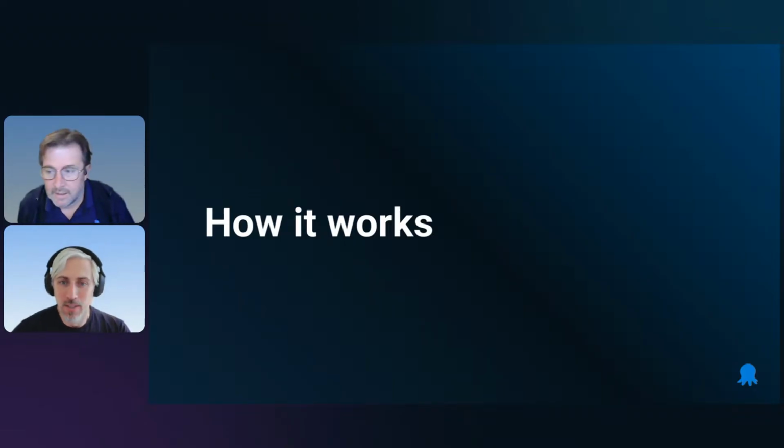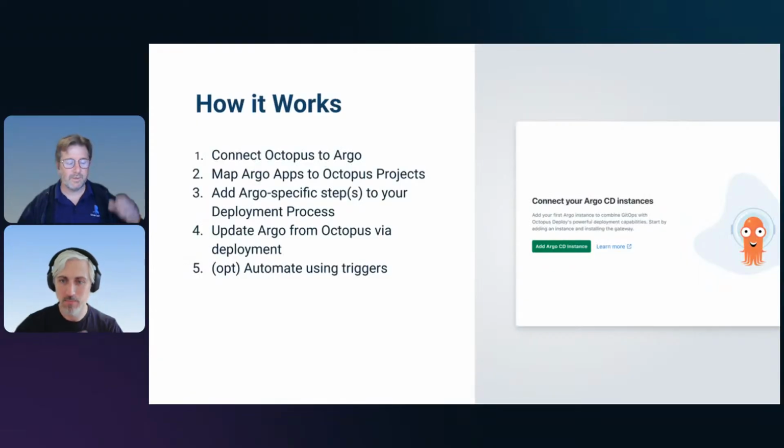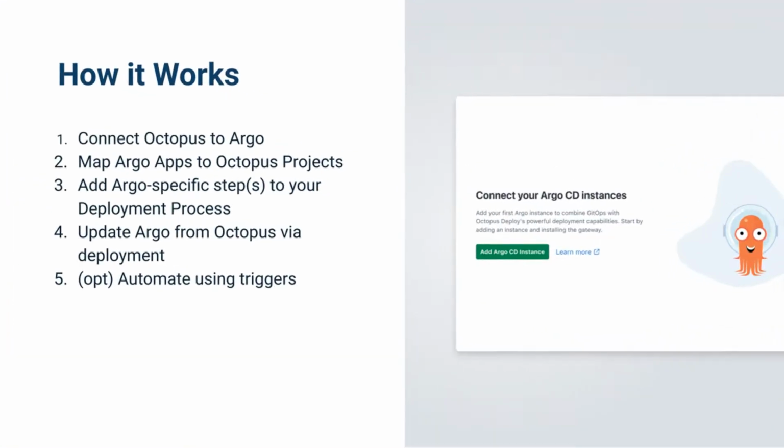Excellent. Thanks, Kit. Okay, so I think I'll drive the slides if that works for you, Kit. So to start with, obviously Octopus and Argo are going to be working together to do the new work we've been building. So to get this working, the first thing we need to do is get Octopus connected to Argo.